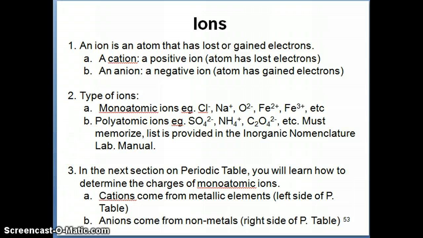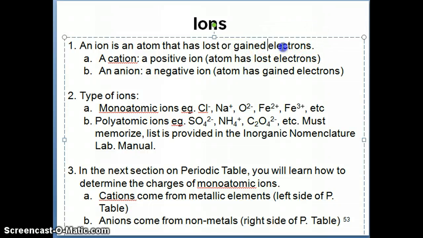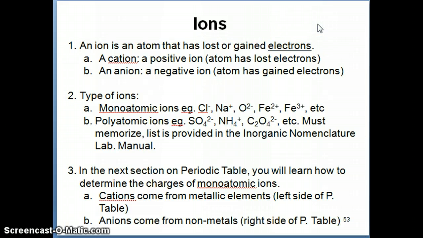So now we're going to talk about ions. An ion is just an atom that has lost or gained electrons. Notice here that it's electrons that are lost or gained, not the other subatomic particles. You can't lose protons, you can't lose neutrons, but you can lose electrons, okay? So a cation is a positive ion. How does an atom become a positive ion or a cation?